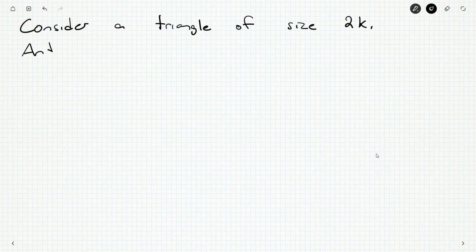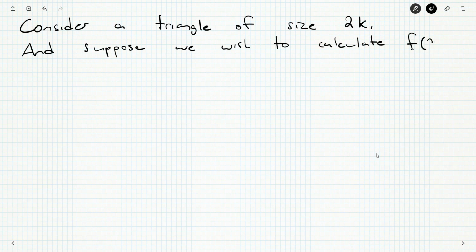And suppose we wish to calculate f of 2k. Well, we do. We do wish to calculate f of 2k.